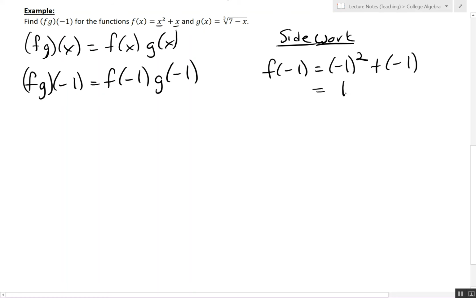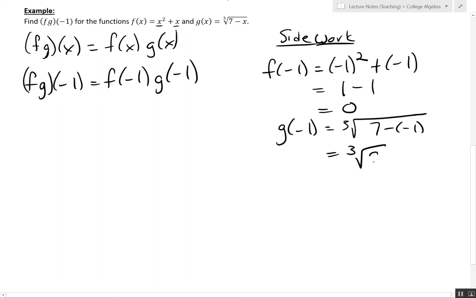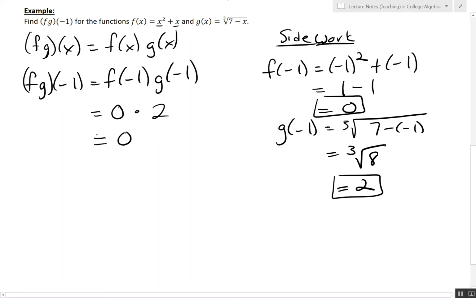And this is going to be 1 minus 1, which will give me 0. g of negative 1 is going to be the cube root of 7 minus a negative 1, which gives me a cube root of 8, and the cube root of 8 is 2. So these are my two values I sub in. So this is going to be equal to 0 times 2, and this will give me 0.